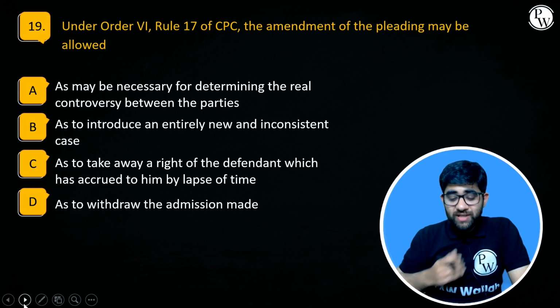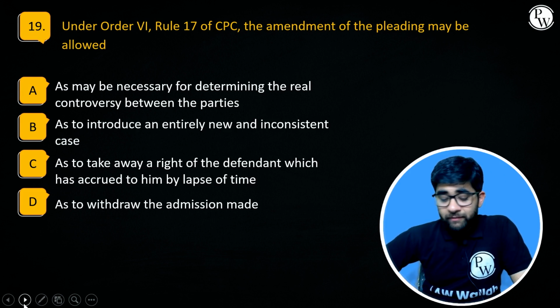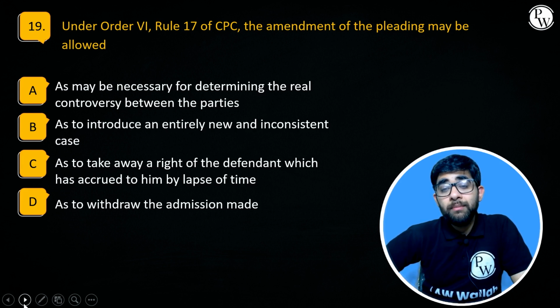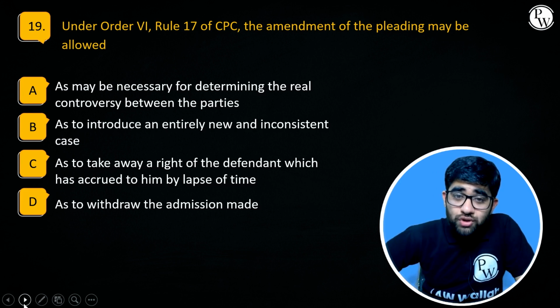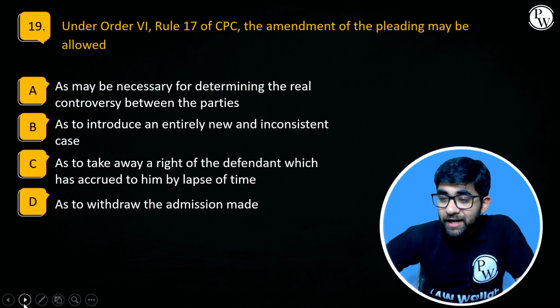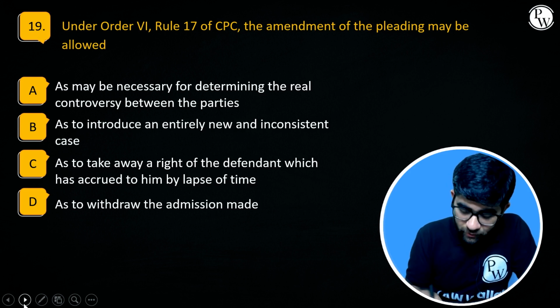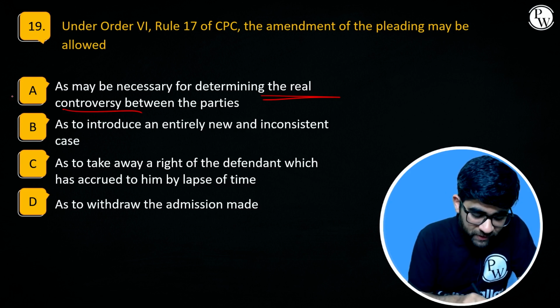Next, under Order 6, Rule 17 of CPC, the amendment of pleading may be allowed as may be necessary for determining the real controversy between the parties, as to introduce an entirely new and inconsistent case, as to take away a right of the defendant which has accrued to him by lapse of time, as to withdraw the admission made. The answer to this is as may be necessary for determining the real controversy between the parties.